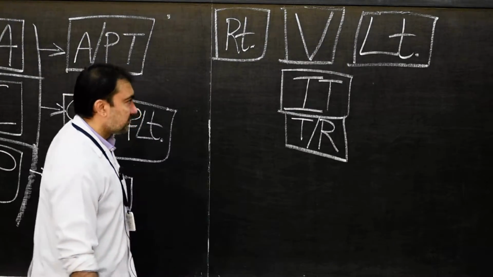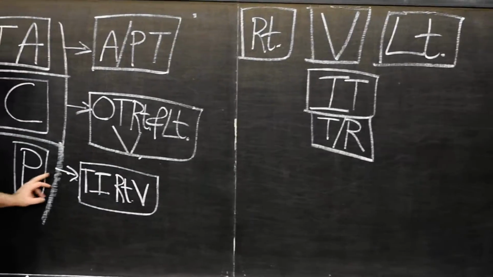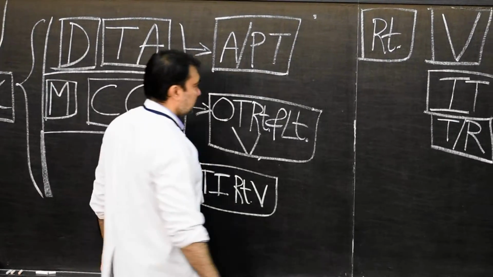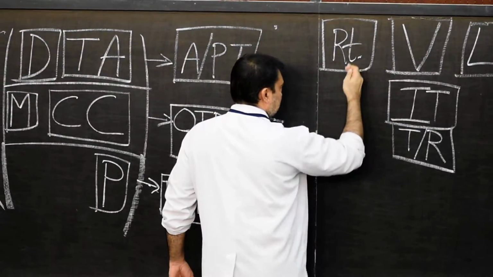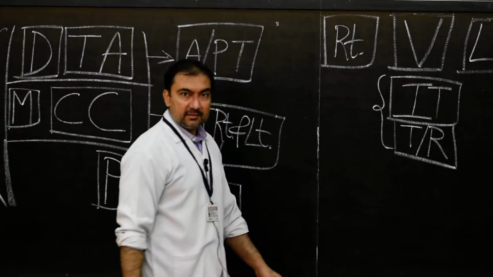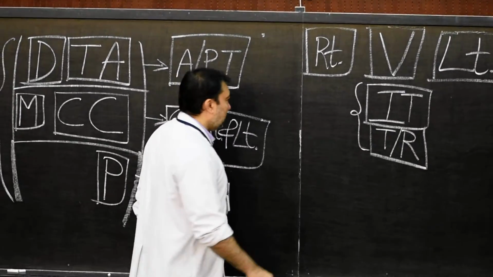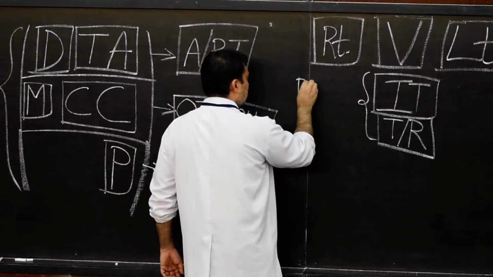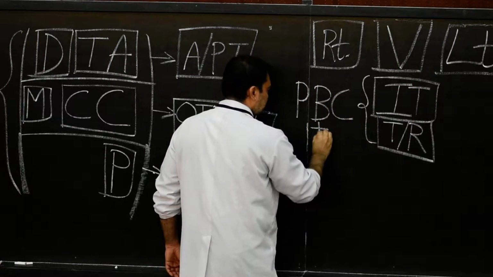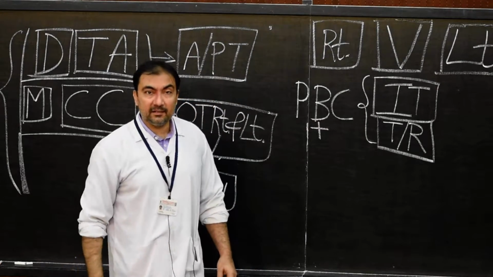Right ventricle, trabeculated part, inflow tract will develop from proximal part of bulbous cordis. So therefore here in the right ventricle, this portion, inflow tract of the right ventricle, which is also called trabeculated, rough portion, will develop from proximal part of bulbous cordis plus right half of primitive ventricle.